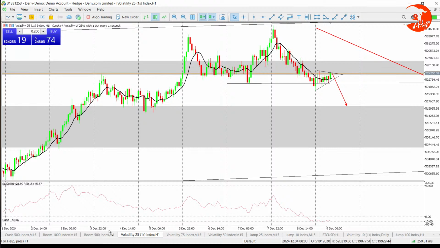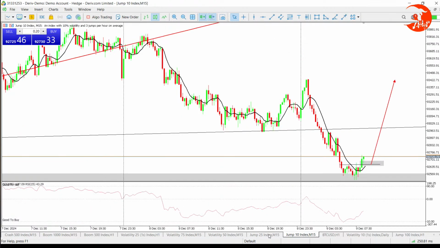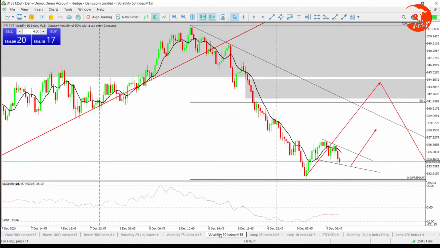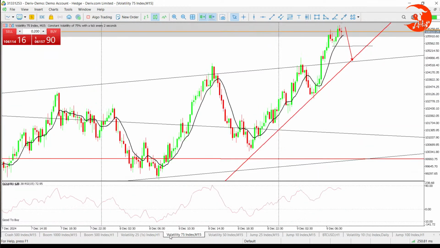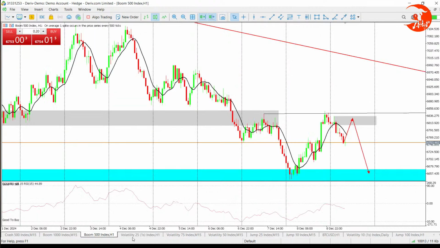Yeah, so the highly anticipated trades of say Jump 10, Jump 25, V50, this one not really. Jump 25, it's a 50-50. This one may be a highly anticipated one also.